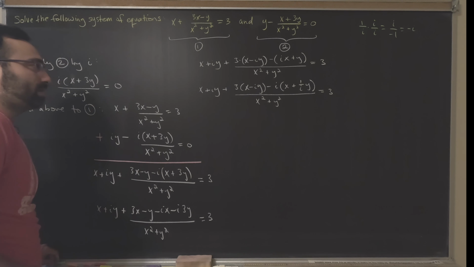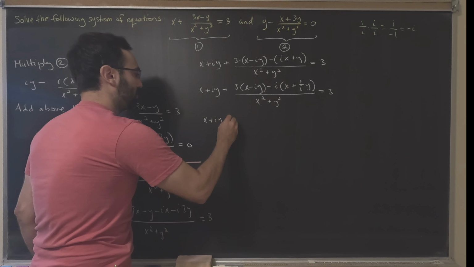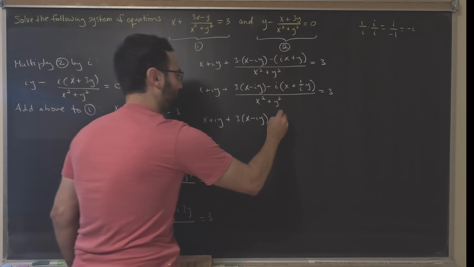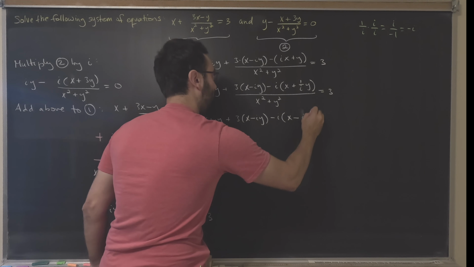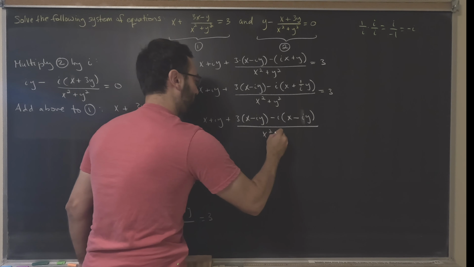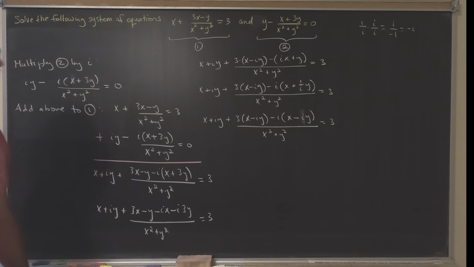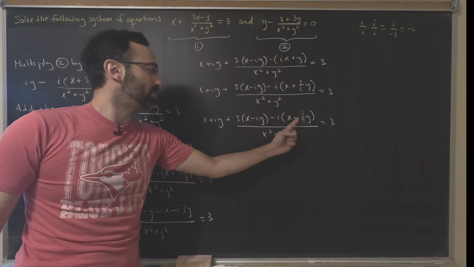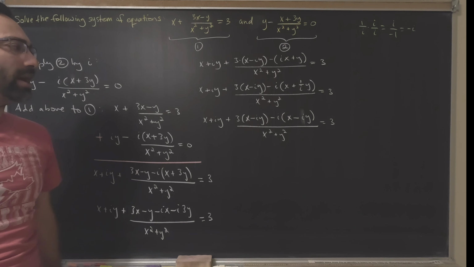So what we can write then here is the following. And now we have x minus iy here and here in this numerator of the fraction. And then we have the conjugate over here outside, x plus iy.